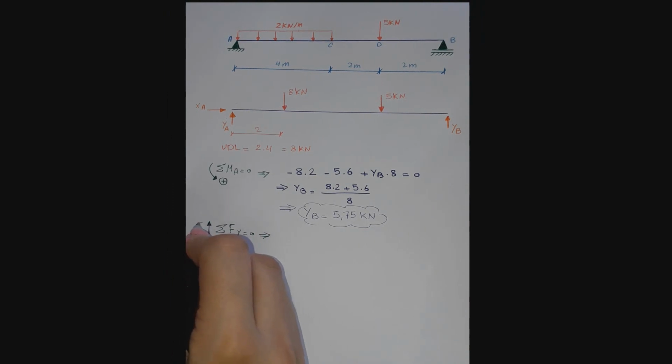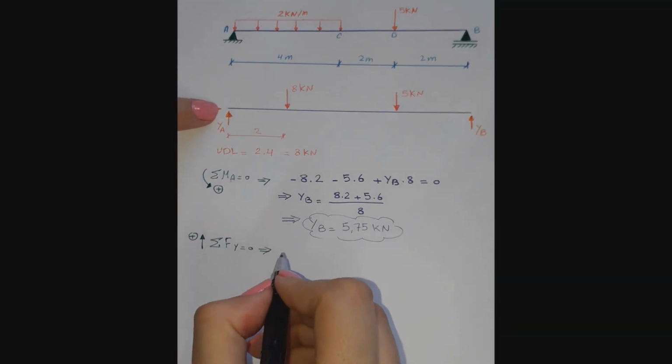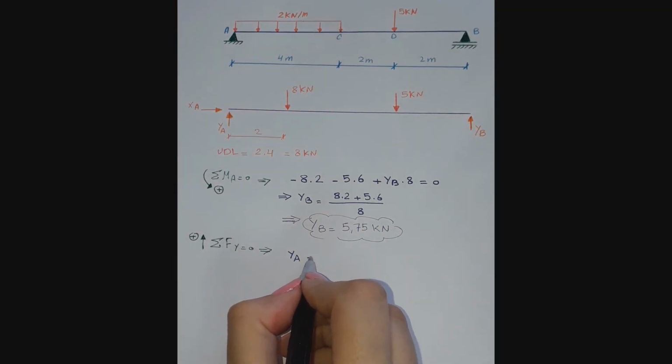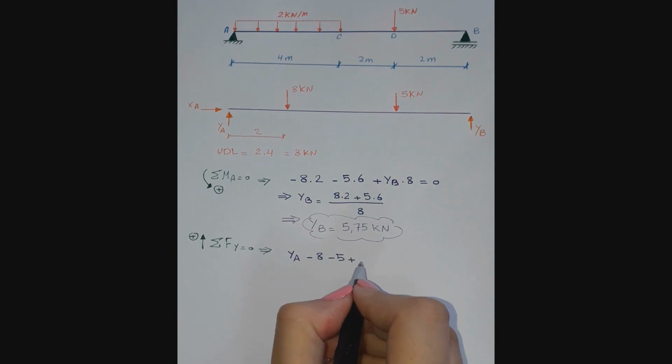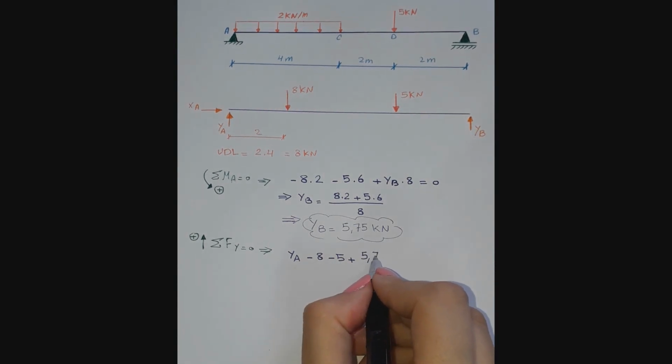Now to find YA, the sum of the forces in the Y direction equals 0, and this is the positive Y direction. So we have YA minus 8 minus 5 plus 5.75, which is YB.